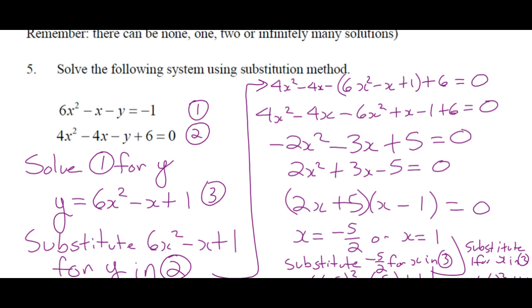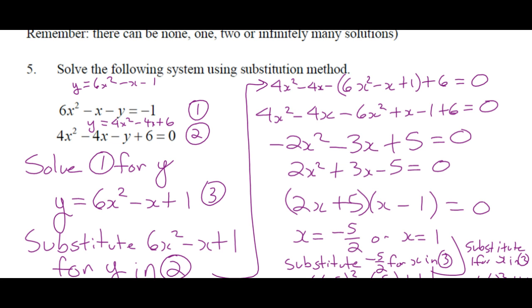And substitution. Okay, so, solving it, what are we putting in? Yeah, well, you know the easiest way to do this, right? So you've got y equals 6x squared minus x minus 1, and you've got y is equal to 4x squared minus 4x plus 6.